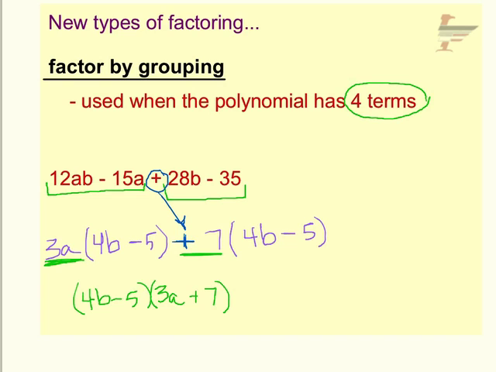Now it's factored. Whatever's in your parentheses should match, and it just shows up once in your answer because technically we factored it out front. You're left with 3a plus 7 in your second parentheses.